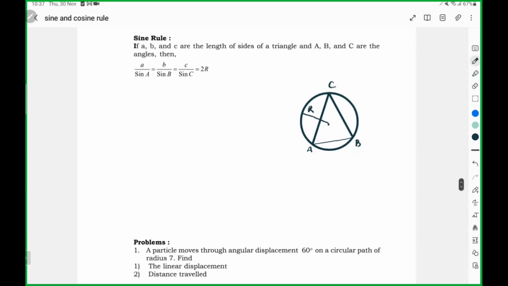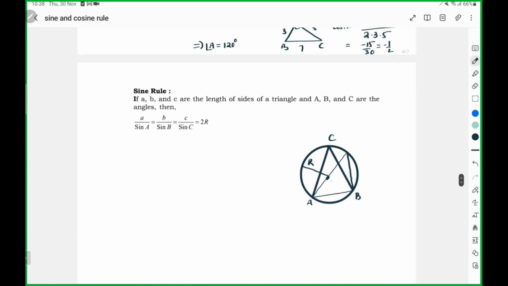Now, to derive this rule, I am drawing a diameter through the center, and a very important point here is 180 degrees. Angle at the center is 180. Here it will be 90 degrees by the earlier theorem.